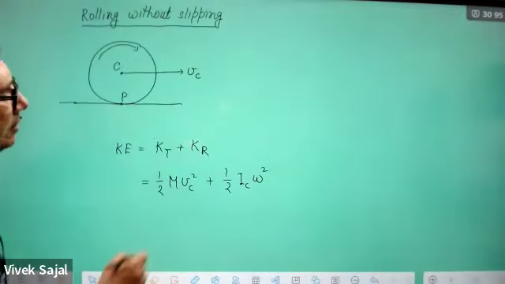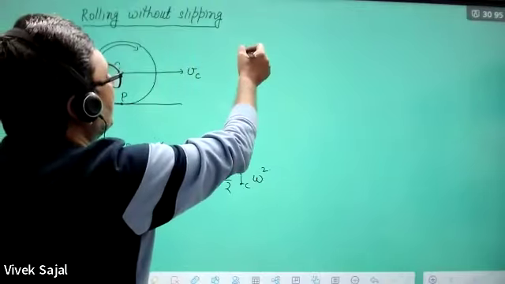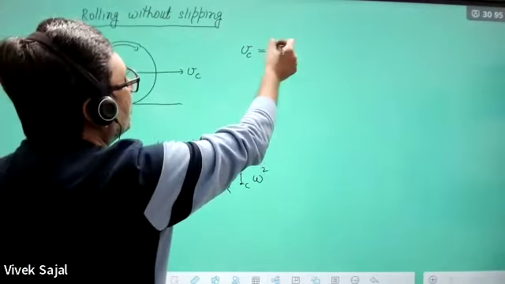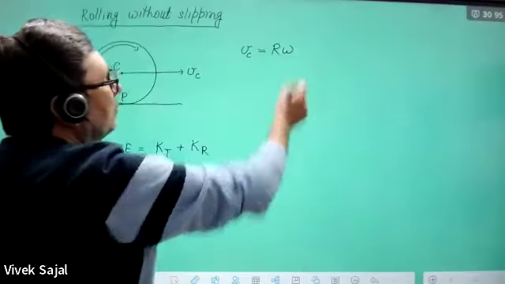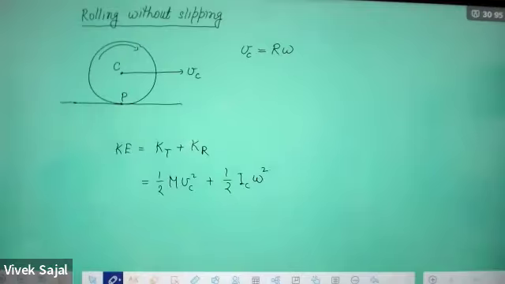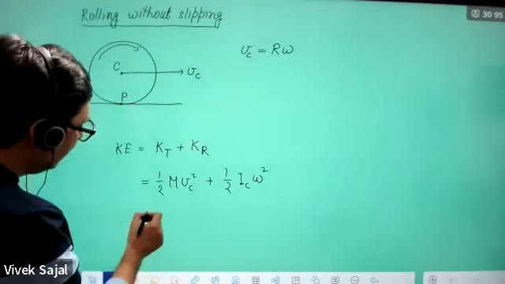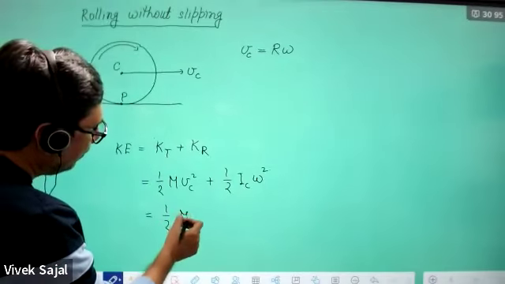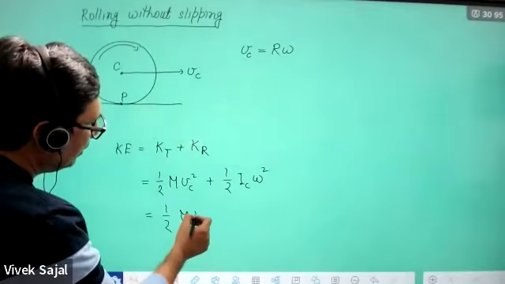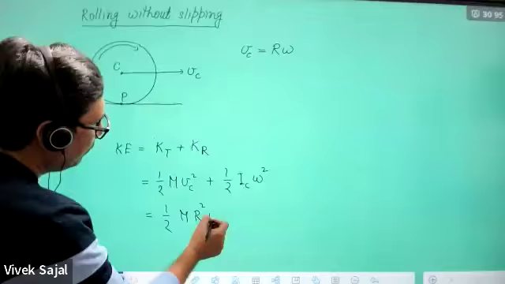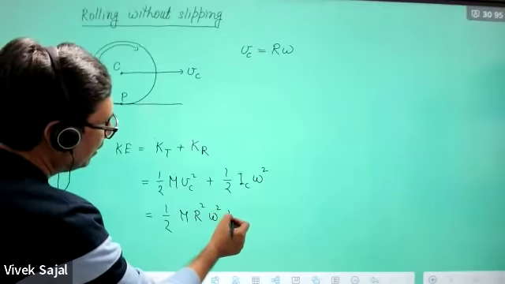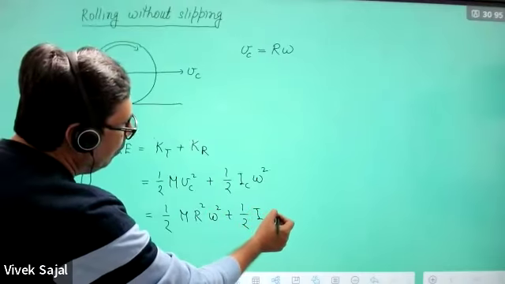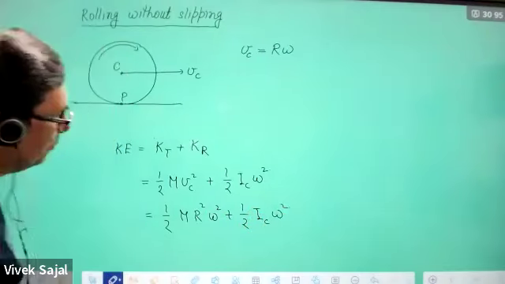But if you look at the other way, because this is rolling without slipping, Vc equals R omega. Okay, Vc equals R omega. So try to understand. I can write it as 1 by 2 M R square omega square plus 1 by 2 IC omega square.